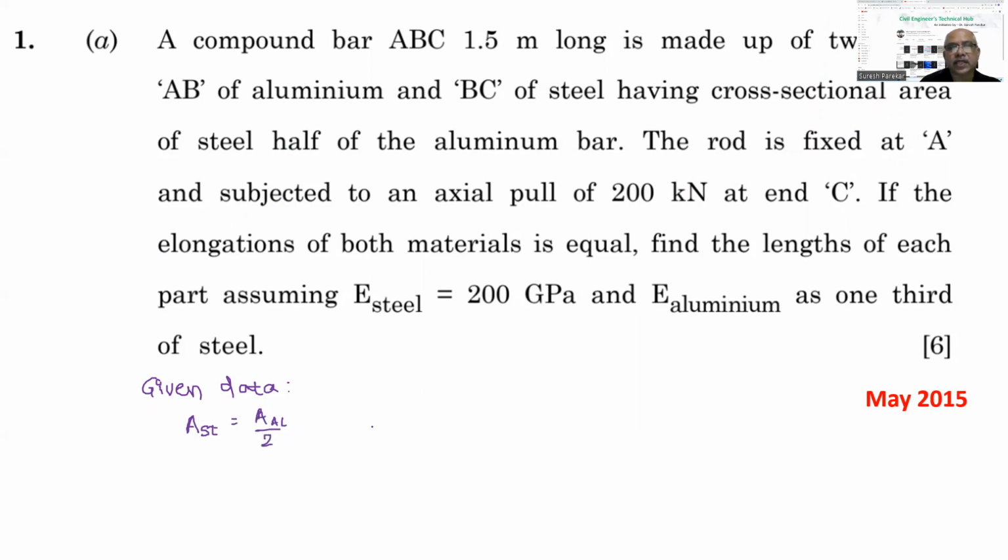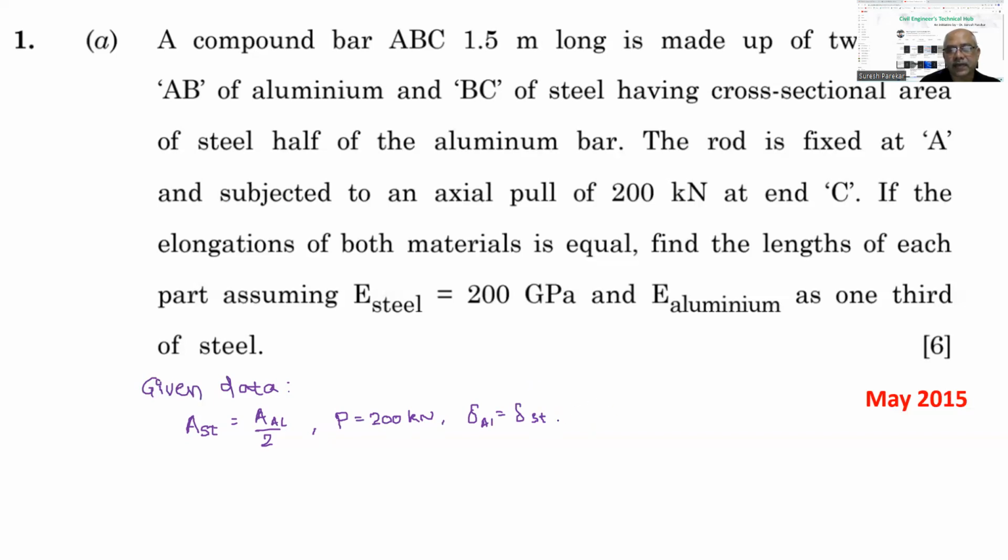Then the rod is fixed at A and subjected to an axial pull of 200 kilonewton. So P is given 200 kilonewton. At end C, the elongation of both materials is equal, so delta aluminum equals delta steel. Find the lengths of each part.